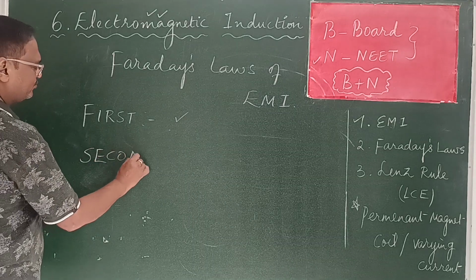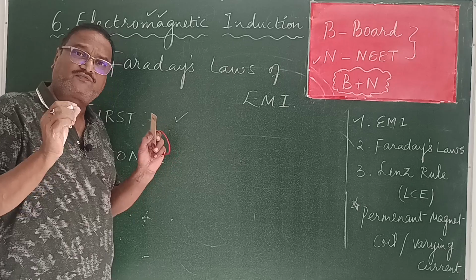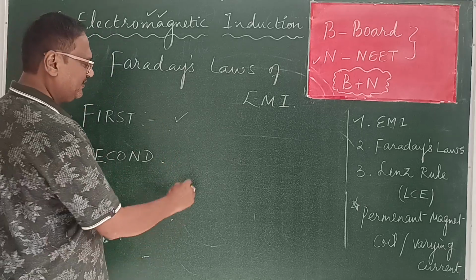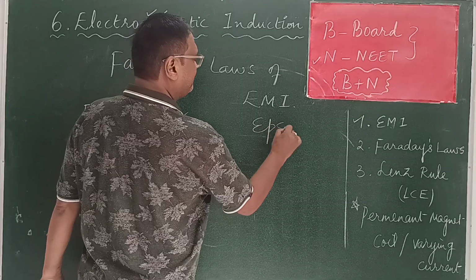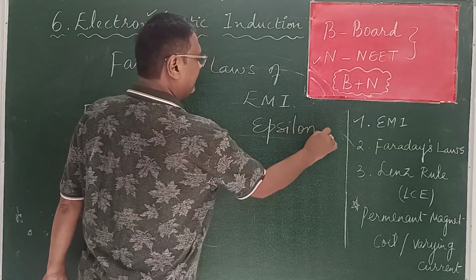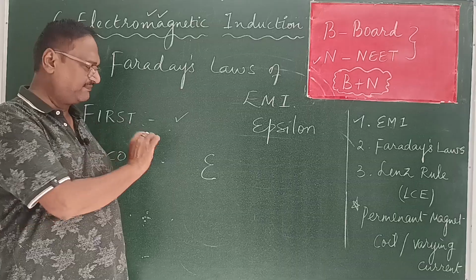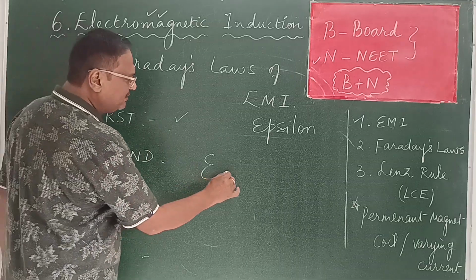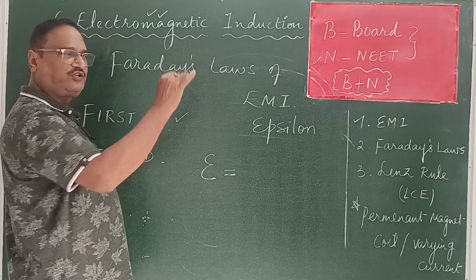The second law says, what is the magnitude of the induced EMF? We call it epsilon, big epsilon. This is the symbol. This epsilon is equal to, how is this EMF induced?